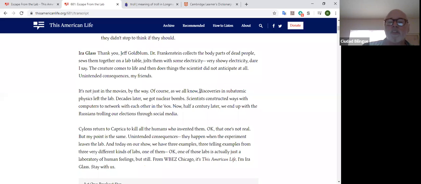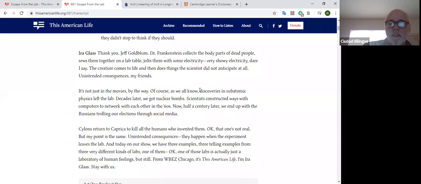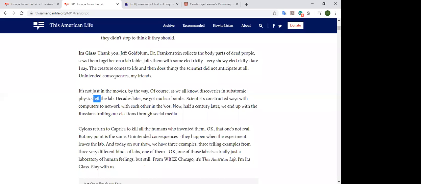So the subatomic discoveries, things that were discovered in subatomic physics, for example, making nuclear bombs and nuclear energy and everything else that comes out of physics, left the lab. What does the word left mean in this context? Leave. They're gone.